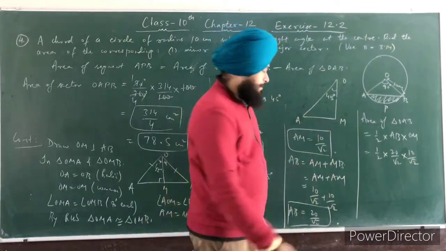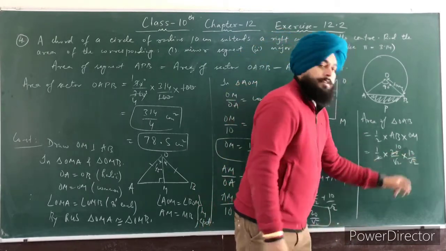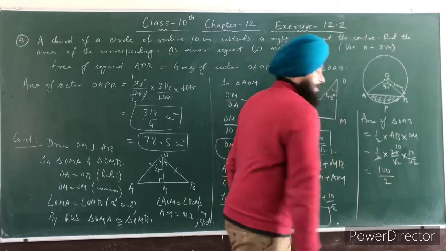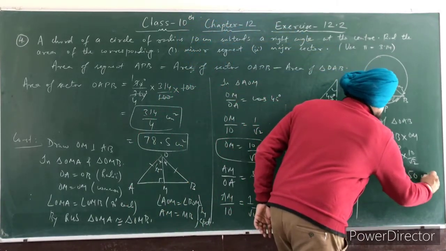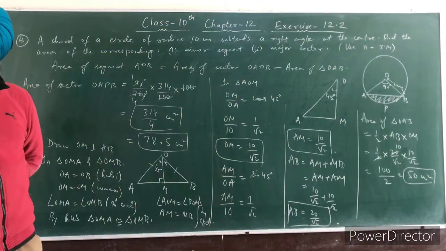Solving this, 2 times 10 is 20, 10 times 10 is 100, and root 2 into root 2 is 2. 100 over 2 is 50. It means the area of triangle OAB is 50 centimeter square.